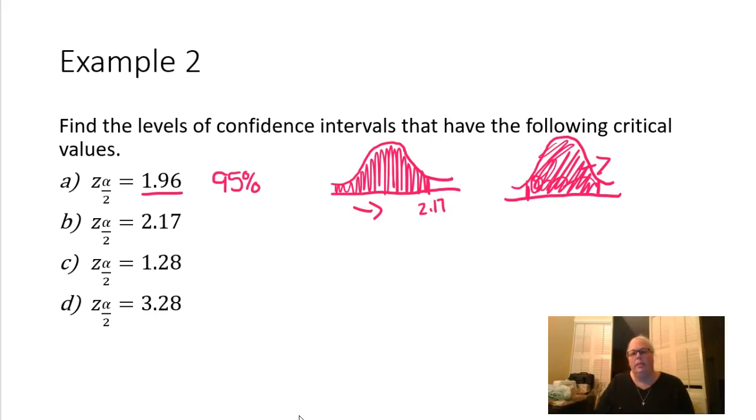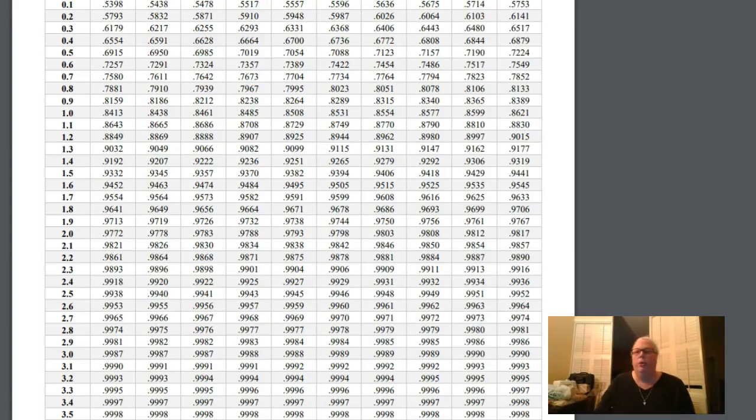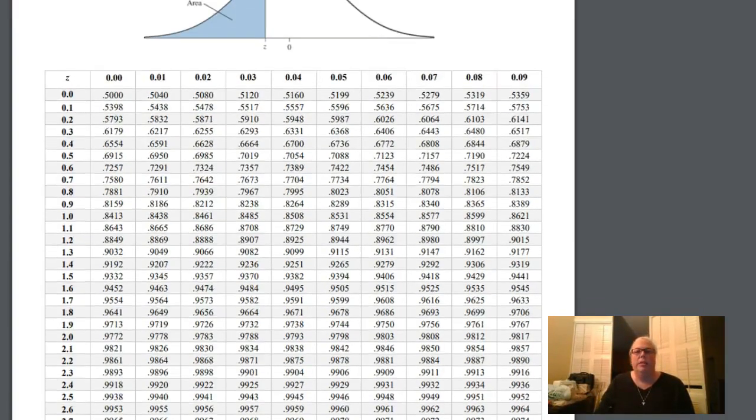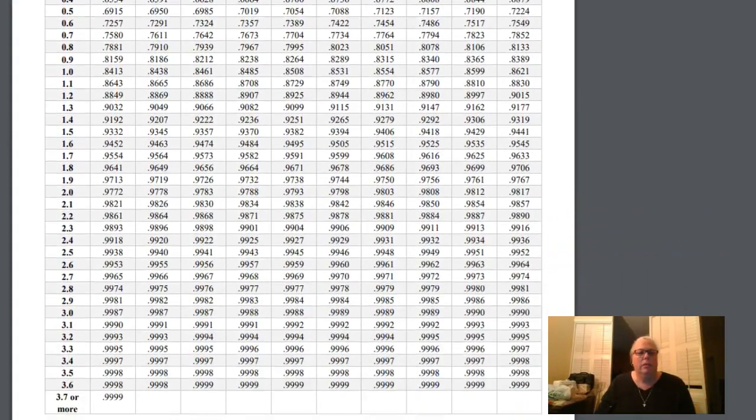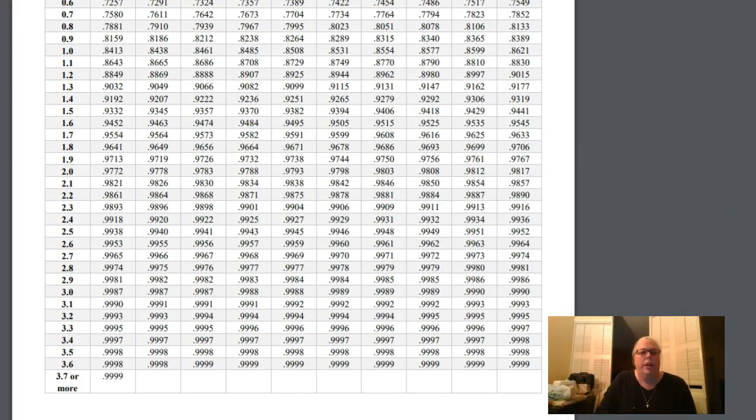Well, this is a Z-score. And if I pull up table A2, I can figure out exactly how much area there is underneath that curve there. So let's look at table A2. Now my Z-score is 2.17. Here's 2.1. 0, 1, 2, 3, 4, 5, 6, 7.